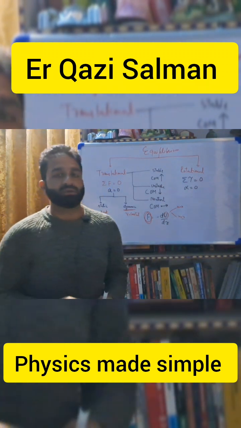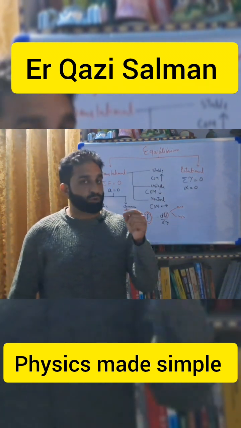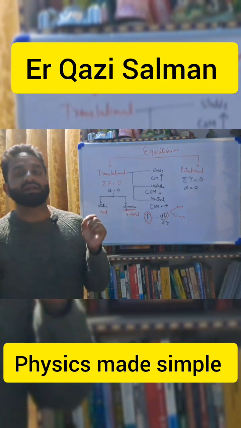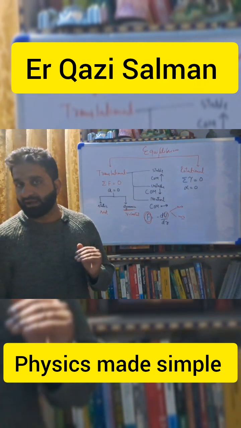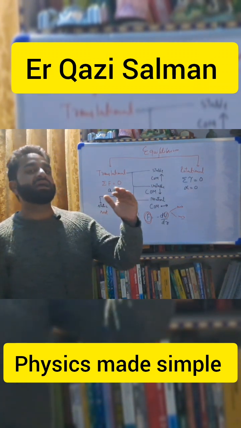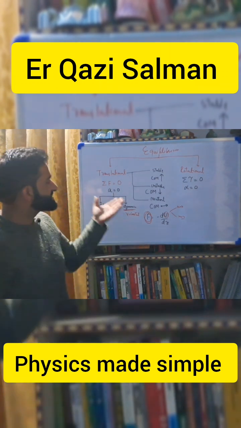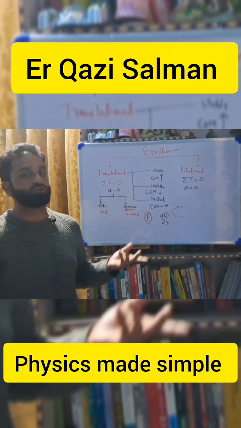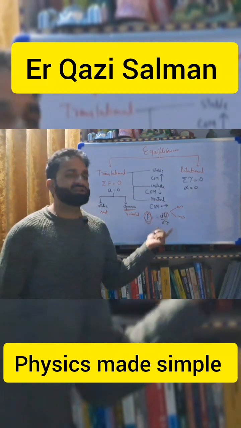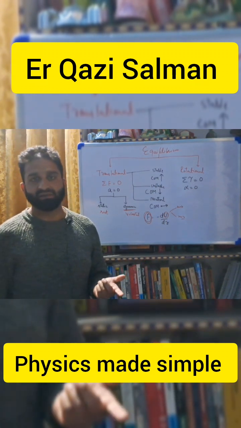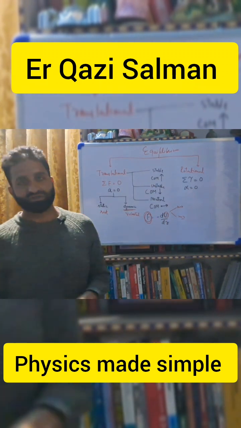The rate of change of potential energy with respect to distance is equal to force. As the force is equal to 0, that means the potential energy is maximum or minimum.